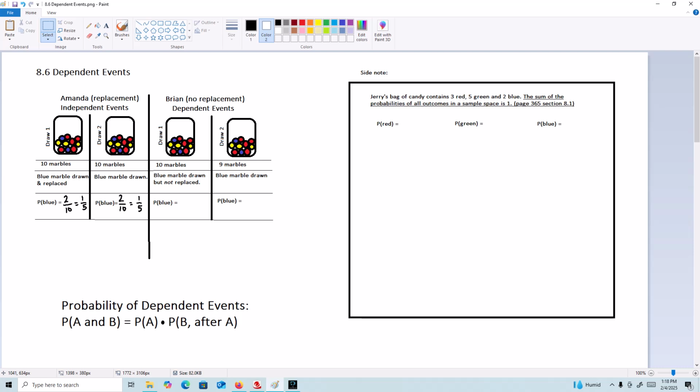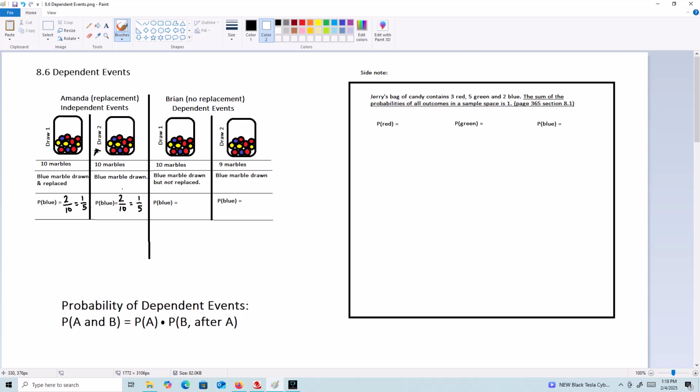If on the left side of the screen here we have Amanda, she is going to reach into this jar right here and draw out a marble. But then before she draws a marble a second time, she's going to put that marble back in.